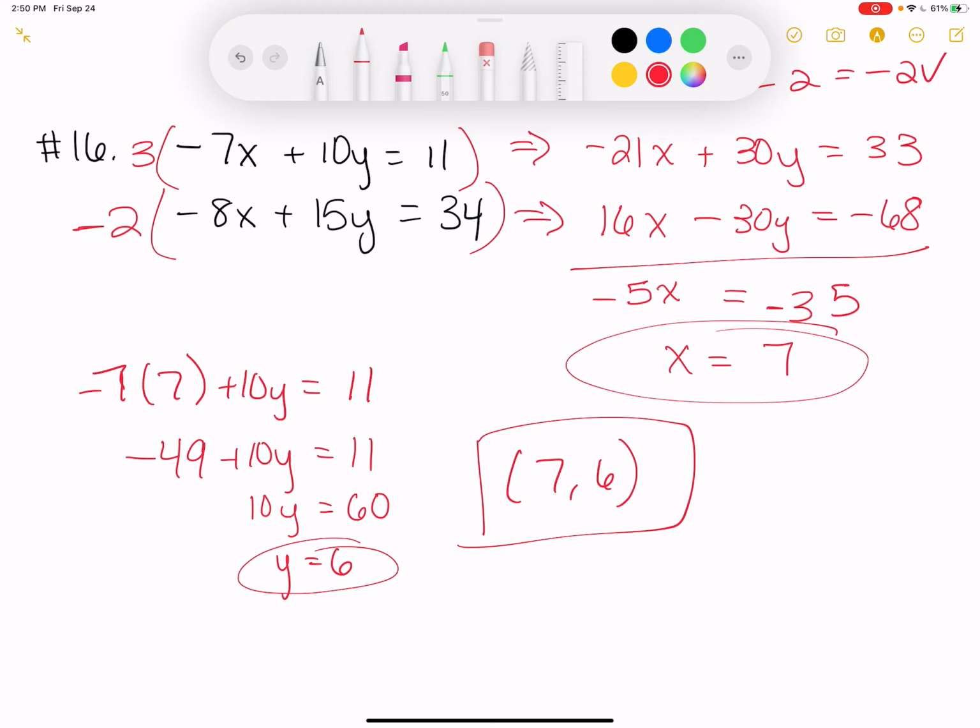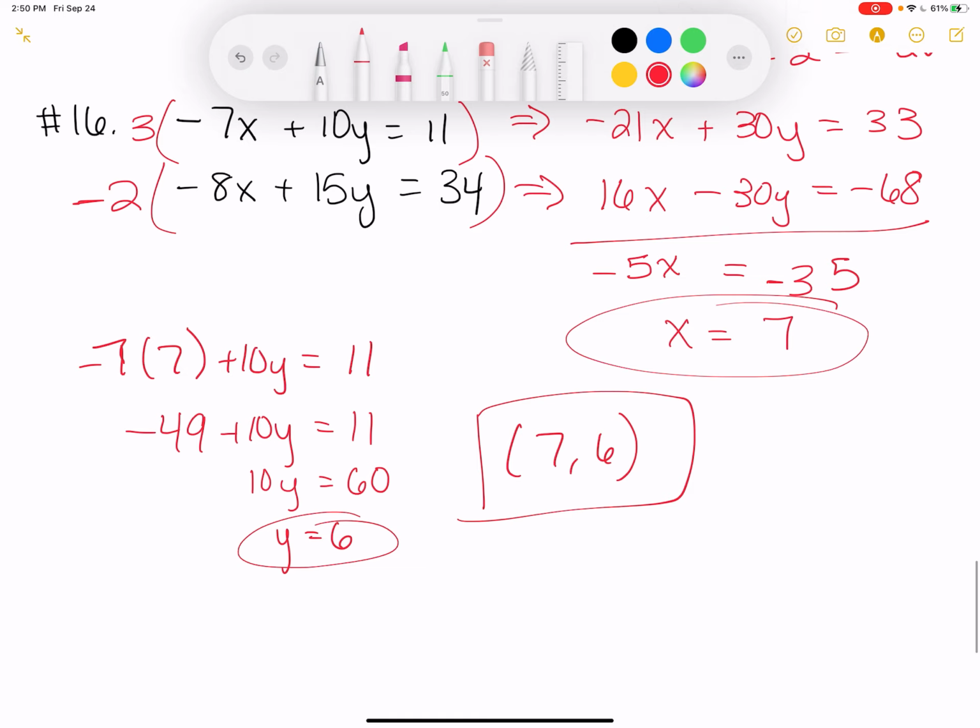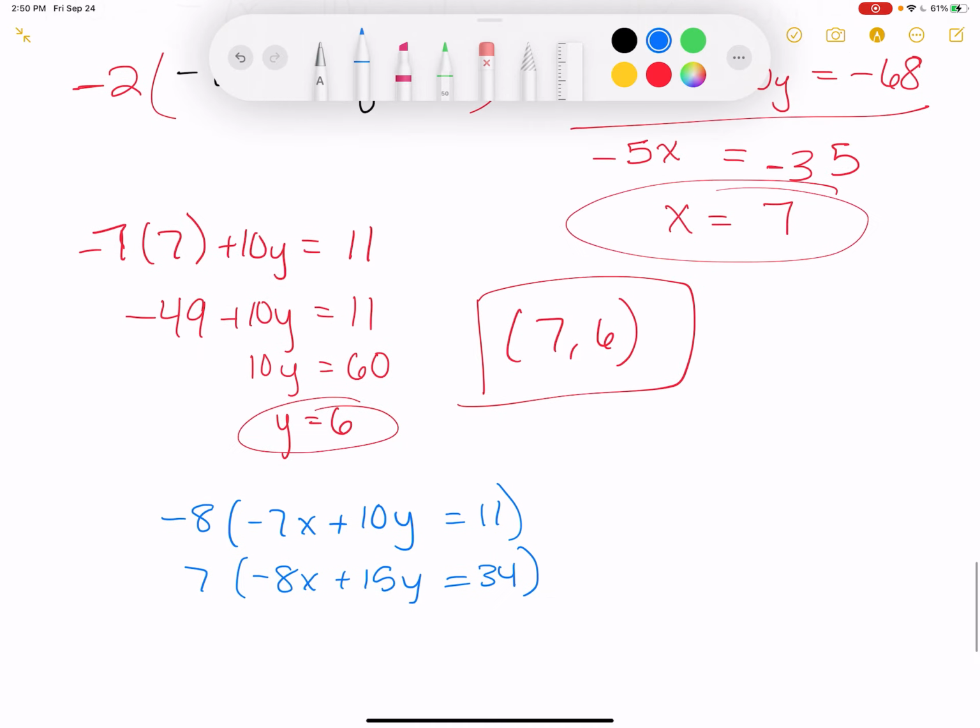I marked that one really wrong, but I can't really tell how because there's different numbers. What did you do? I used -8 and 7 for it. Okay, so let's see. I think I know what I did. So you did -8 times. I'm going to write it again and then I'll move it down. So you did that?